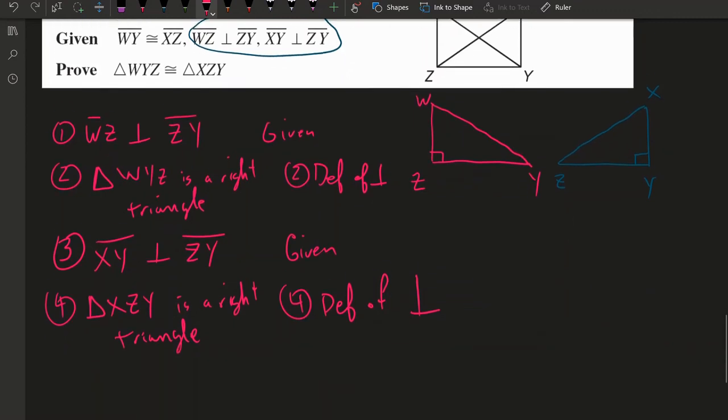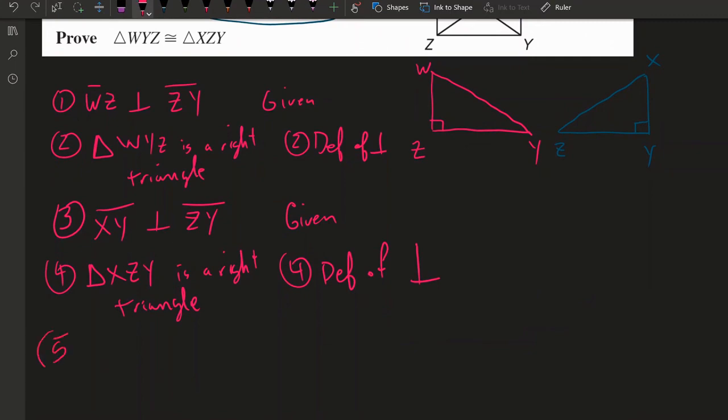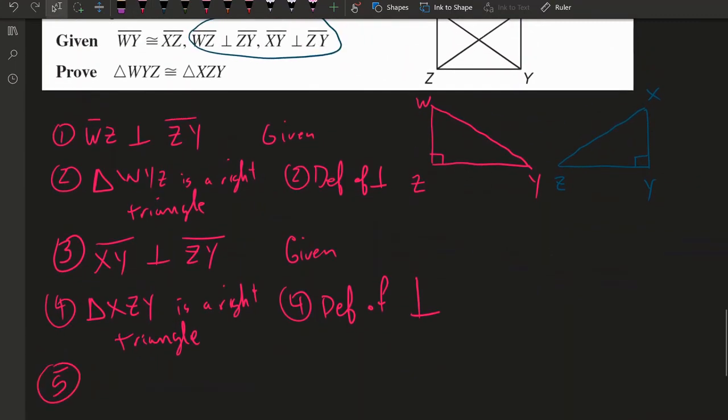So step 5, I've got WY is congruent to XZ, and that was given. So I've got this side right here is congruent to this side, and remembering that the hypotenuse is always directly across from the 90-degree angle, I've just shown that the two hypotenuses are congruent.